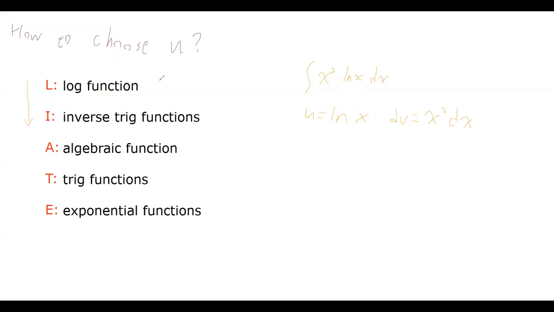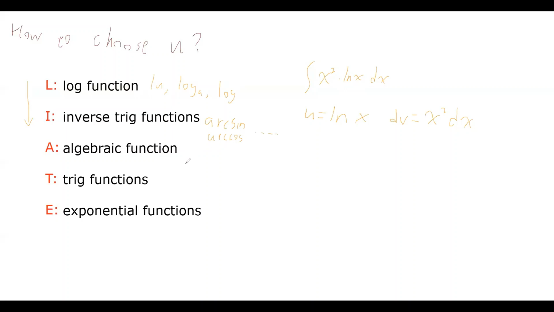Okay, so that's basically how you set up your integration by parts. So log functions: natural log, and the basic log with some base, standard log. Inverse trig functions, all of the arc ones, so arcsine, arccosine, and all the fun stuff.